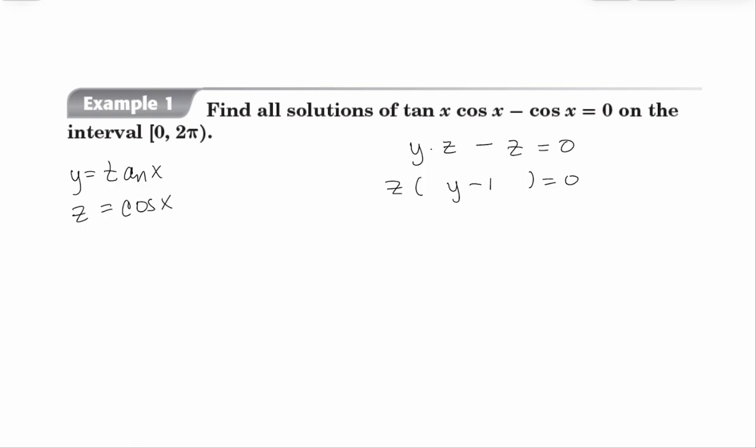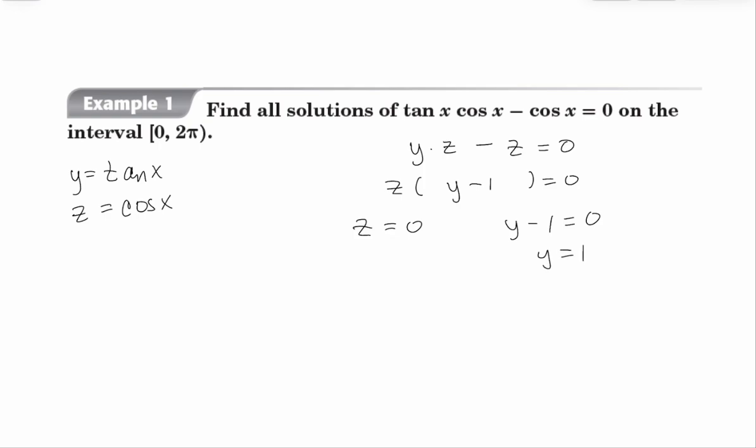And what's great about factorization is if we have the factors equal to 0, that is a key, always try to get that equal to 0, at least most of the time, we can split it apart. So I know that z equals 0 or y minus 1 equals 0. So I get two very distinct, very simple equations, either z equals 0 or y is equal to 1.